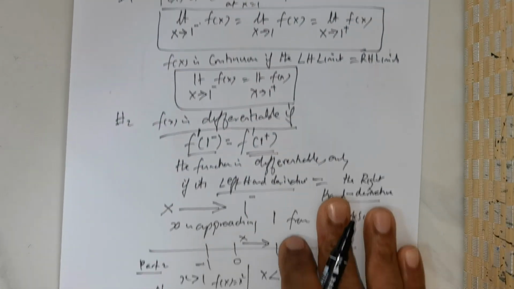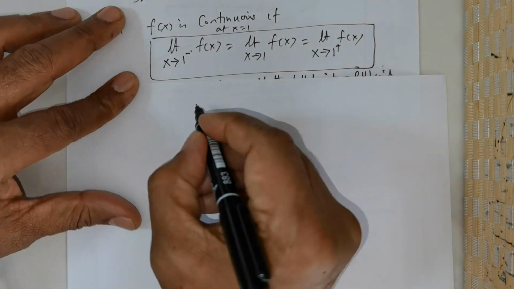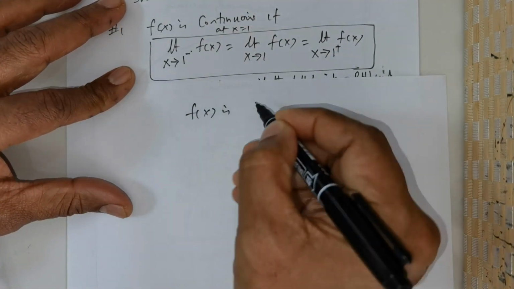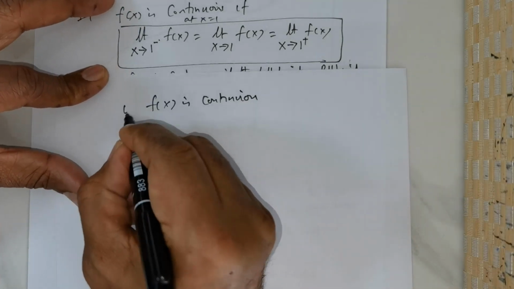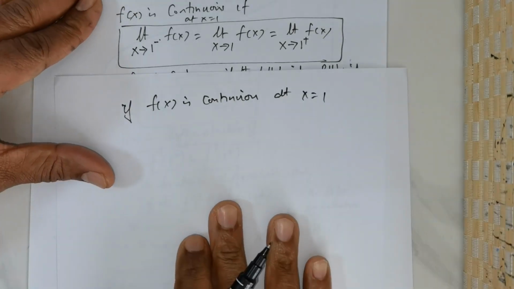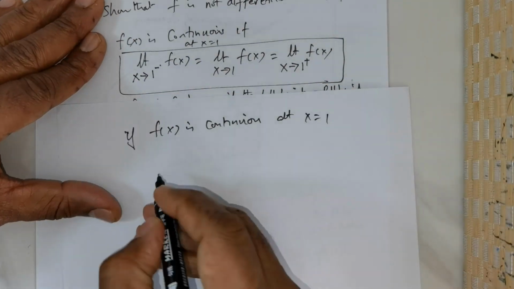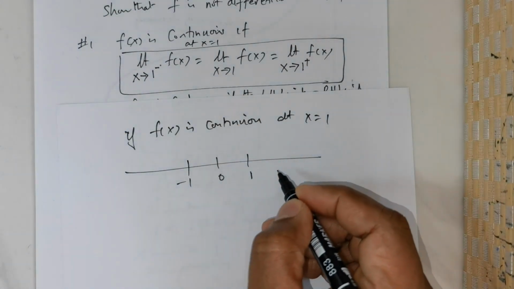Now, coming to the next part, this is called the continuity part. Checking if f of x is continuous. They might ask you this also: if f of x is continuous at x is equal to 1. So this is the property I'm going to explain. Now this is 0, this is negative 1, and this is 1.